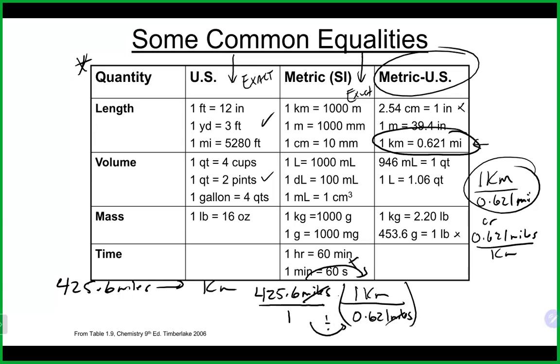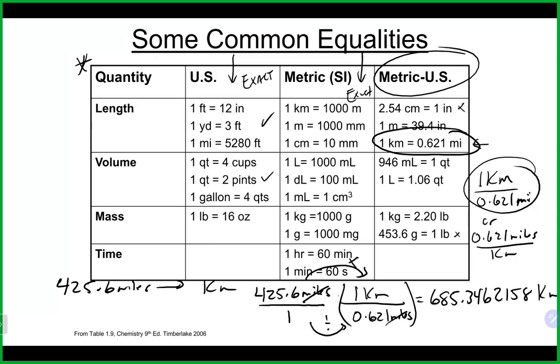The miles will then cancel each other out. If we punch this into our calculator, we end up with 685.3462158 kilometers. That is definitely too many significant figures.